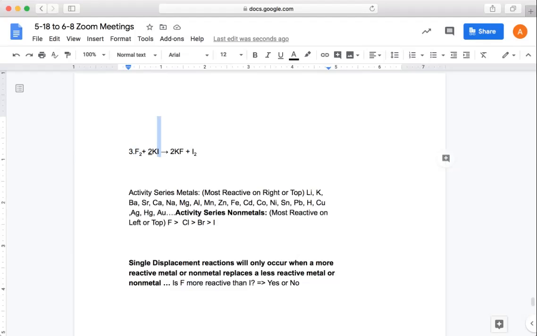You're comparing F and I. Iodine is the least reactive nonmetal, so of course, it can be replaced by the most reactive nonmetal. So this reaction will take place. The fluorine will now react with potassium to form potassium fluoride. The iodine will be singly replaced. So this will be the correct stoichiometric balancing of this reaction.